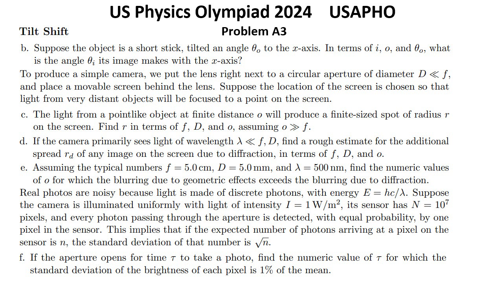This implies that if the expected number of photons arriving at a pixel on the sensor is n, the standard deviation of that number is square root of n. Question F. If the aperture opens for time tau to take a photo, find the numeric value of tau for which the standard deviation of the brightness of each pixel is 1% of the mean.